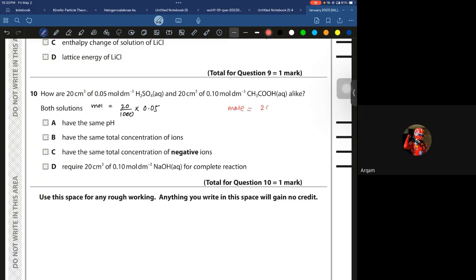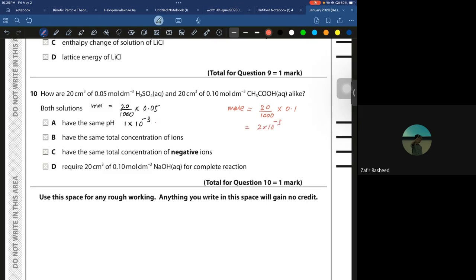Can you tell me the answer for the first one? 1 into 10 power minus 3, and the other one is 2 into 10 power minus 3.